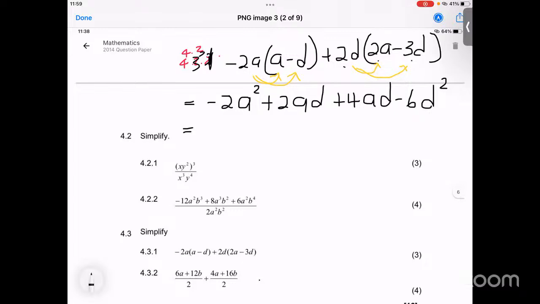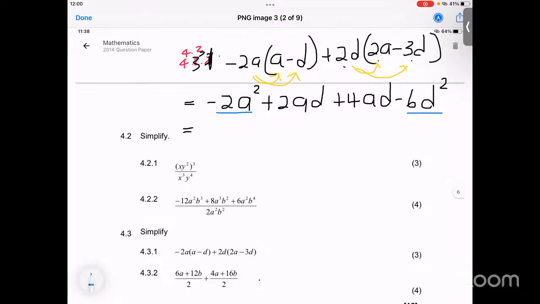So now we can try and look for the like terms if they exist. Let's see. It looks like that one of a squared doesn't have a like term.